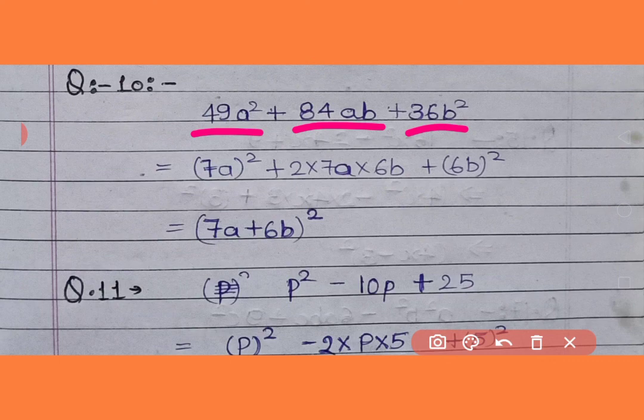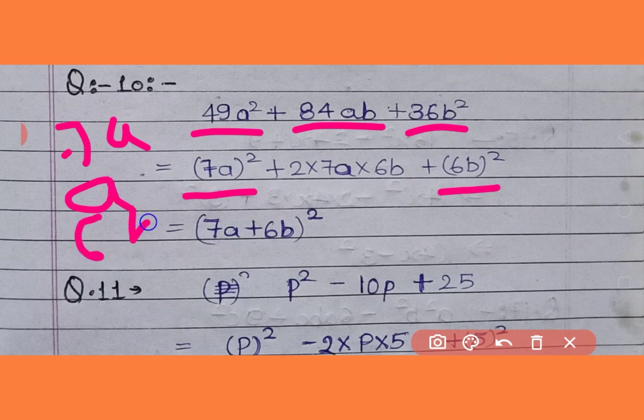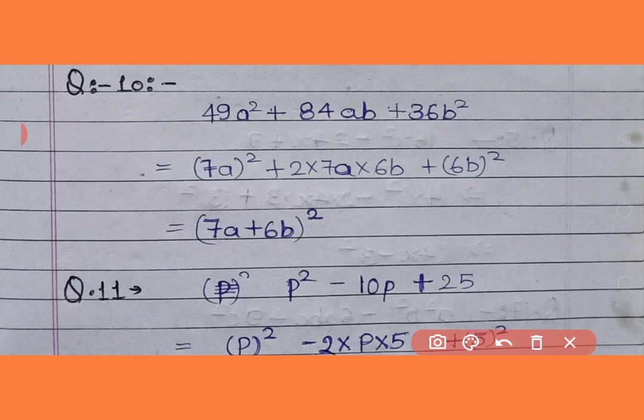So 49a square can be converted in the form of 7a whole square, and 36b square can be converted into 6b square. 7a is determined as a and 6b is determined as b. So in 2ab, 2 multiplied with 7a and 6b, whenever we multiply it, it will give 84ab.